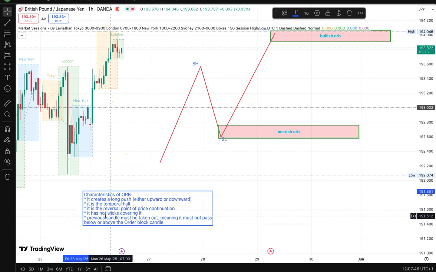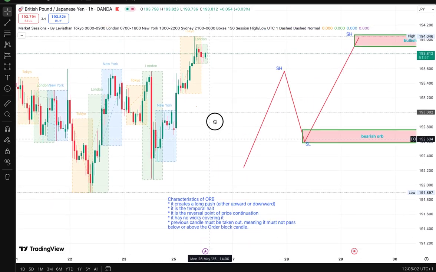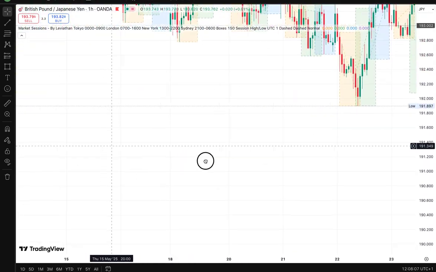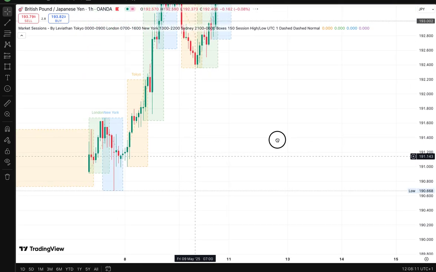It has no wicks covering it. The previous candle must be taken out, meaning it must not pass below or above the order block candle. All right, just take note of this. We're going to be using it as we're looking. When I see one, I'm going to bring the characteristics over.